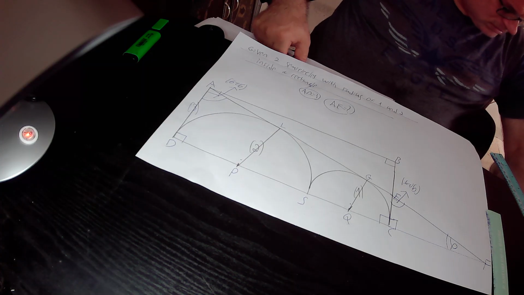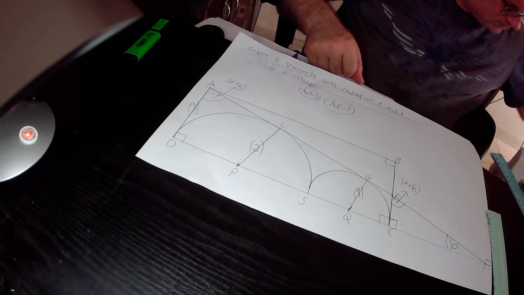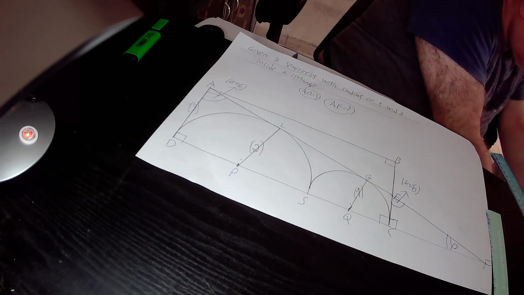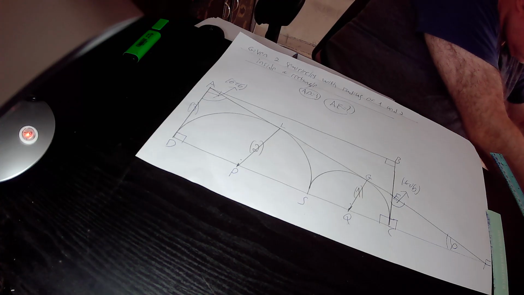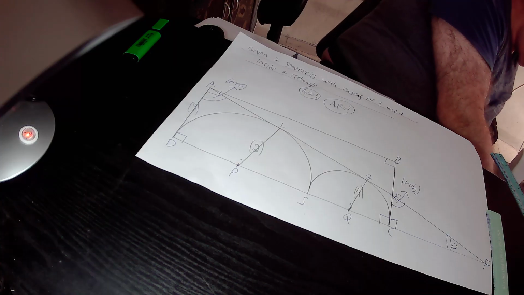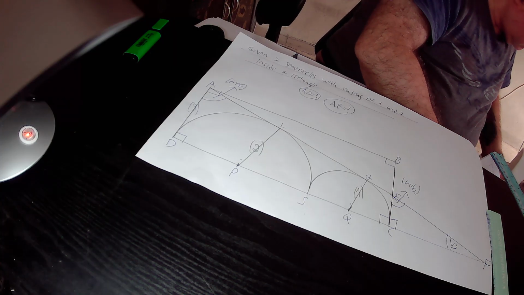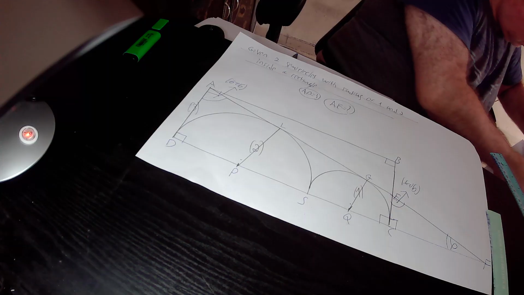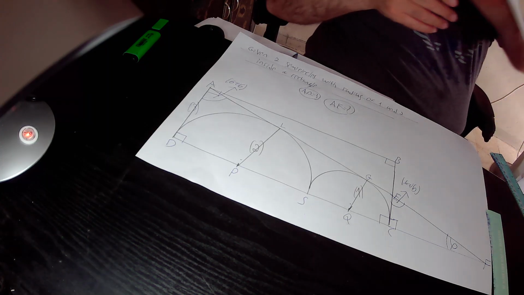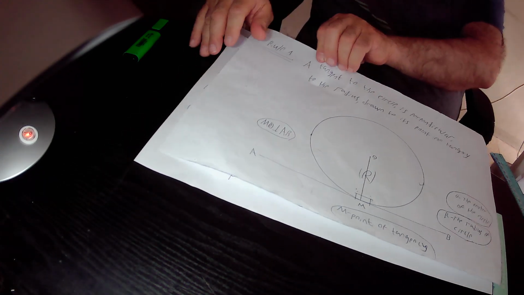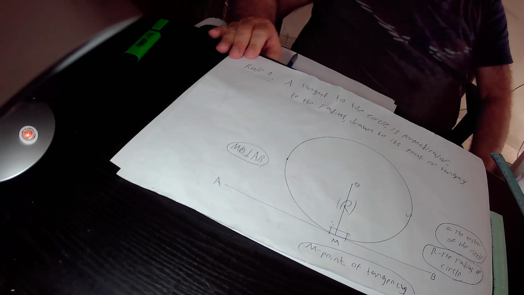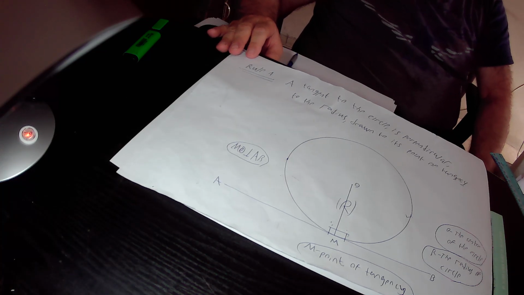According to rule 1, a tangent to the circle is perpendicular to the radius drawn to its point of tangency.